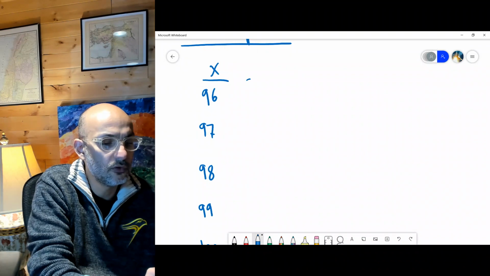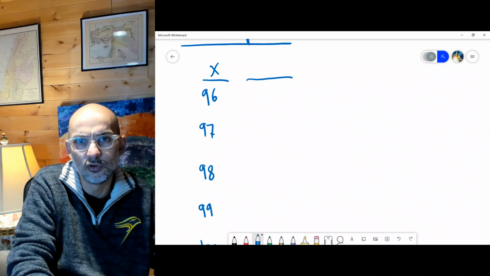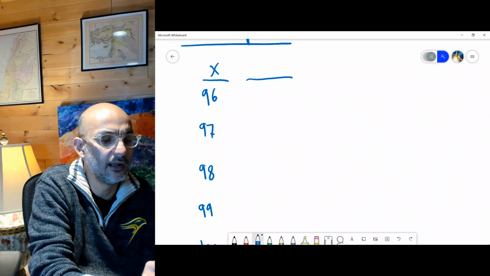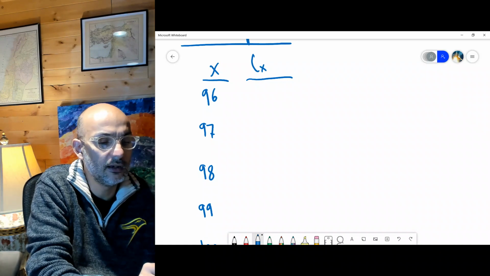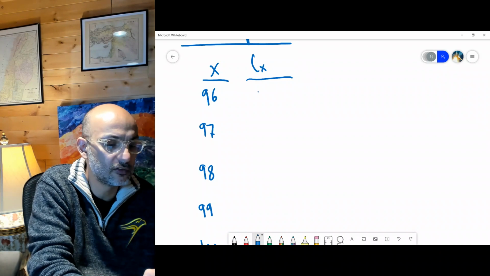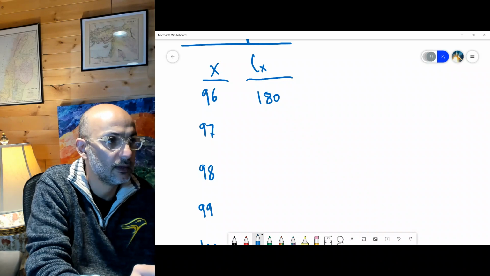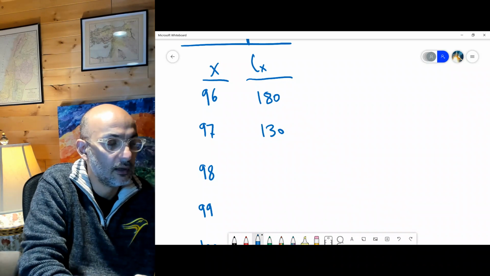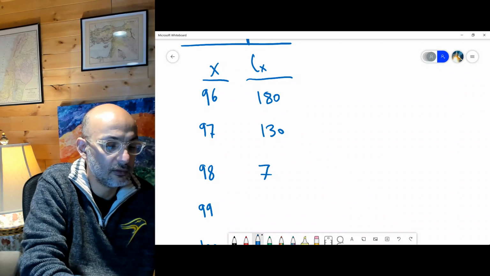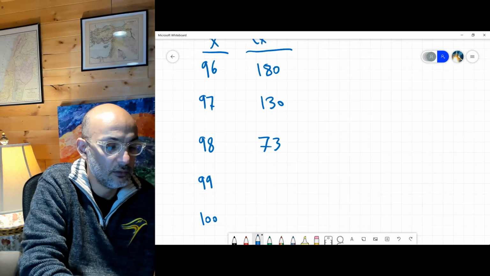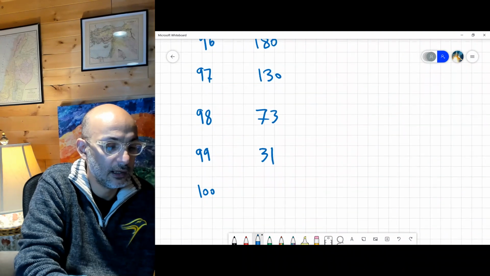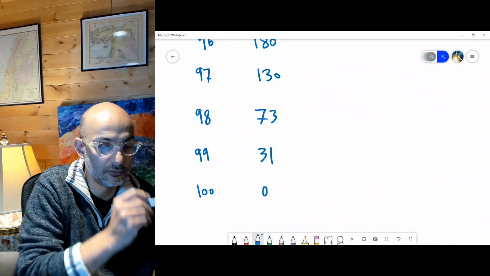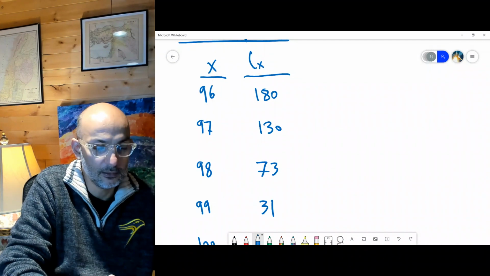So we follow a cohort. And this is l_x. At 96, we follow a cohort. They started with 180, then 130, so there are 50 deaths, and then we went to 73, and then we went to 31, and by age 100 all of them are dead, right?